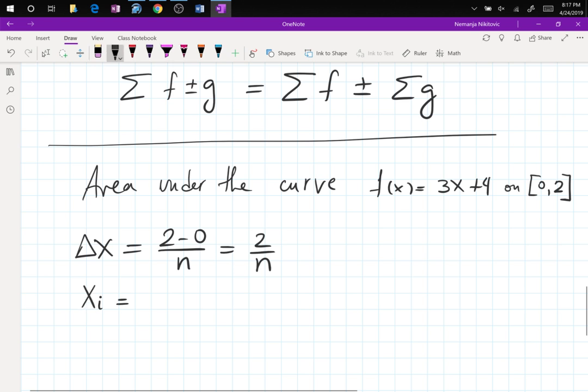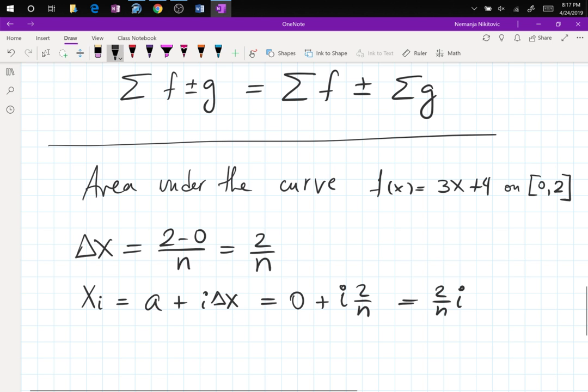Remember the formula that I had earlier, which was a plus i delta x? Yeah. So a is 0 plus i, and delta x is 2 over n. So the whole thing is 2 over n times i.